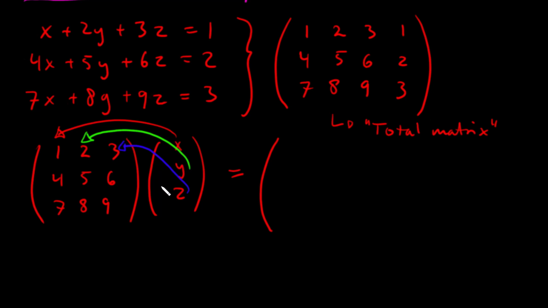You multiply each column piecewise towards the row of the matrix. So this will turn out to be x plus 2y plus 3z, and then you do the same thing on the next row. Then you have 4x plus 5y plus 6z, and the last one, 7x plus 8y plus 9z.